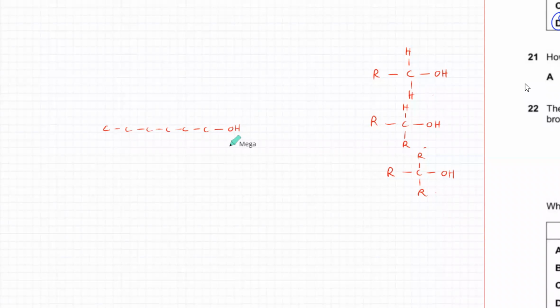I can have positional isomers. I can have the OH on the second carbon, or I can have the OH on the third one. So on a straight chain, those are the only 3 possible positional isomers. Is that clear?